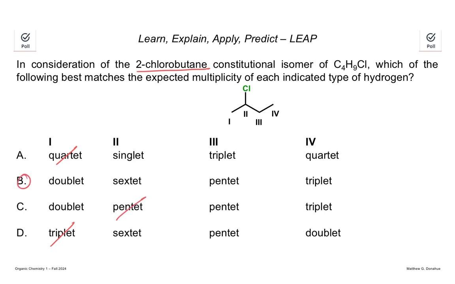And then B will be the correct choice. If we verify carbon 3, that has 4 total neighbors. So 4 plus 1 is 5, that's the pentet. And carbon 4 is a CH3 group. It has 2 neighbors. 2 plus 1 is 3, that's your triplet.